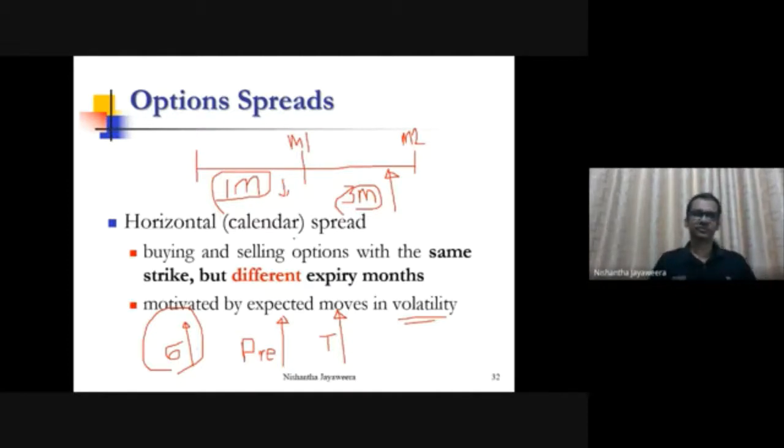What do you do? Which option you buy, which option you sell. So whether you buy both options or whether you sell both options. What is your strategy? We expect price of one option to go up, price of another option to go down. What do you do?